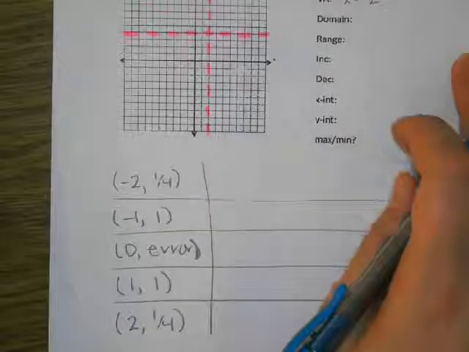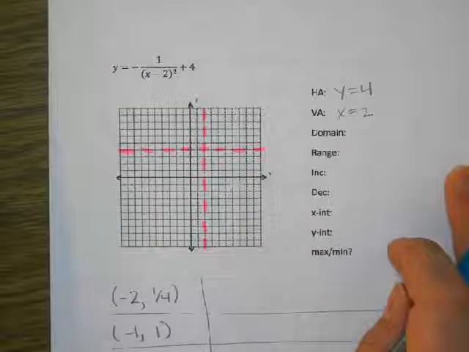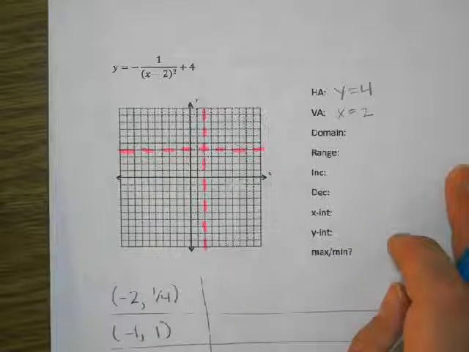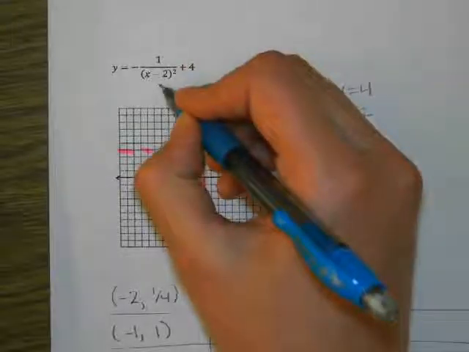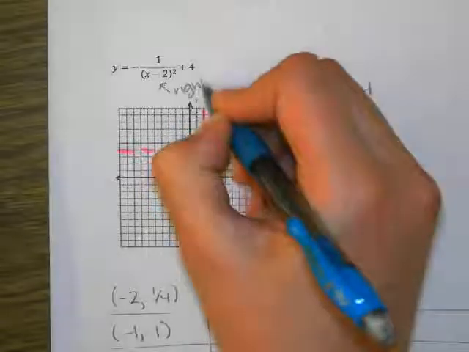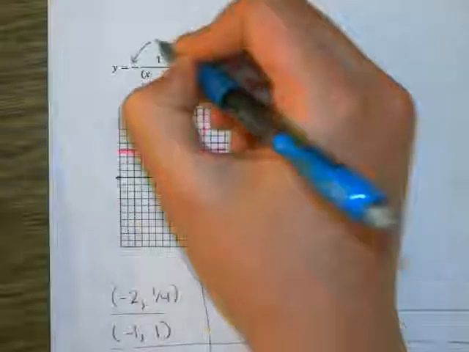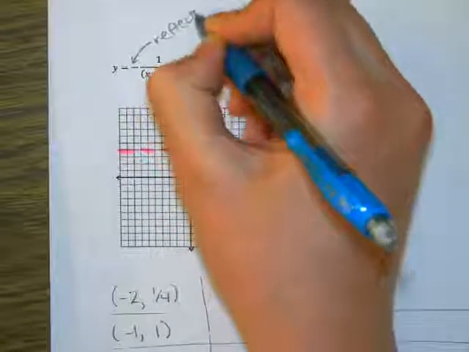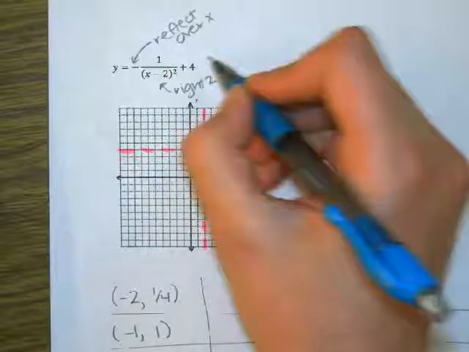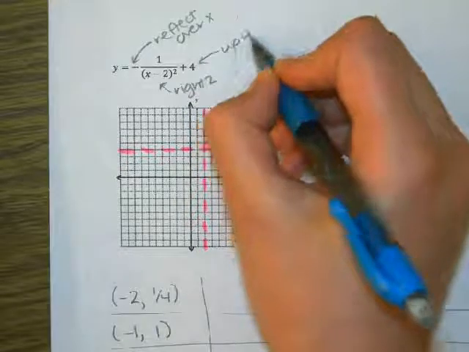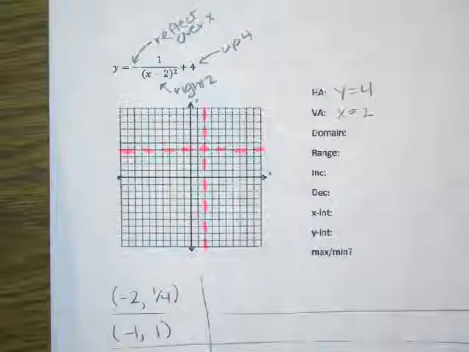So I see 3 transformations. What transformations do you guys see? Right 2. Reflect over x. And then what's the last one? Up 4. Okay, which one are we supposed to do first?